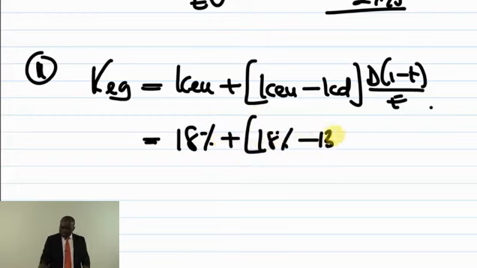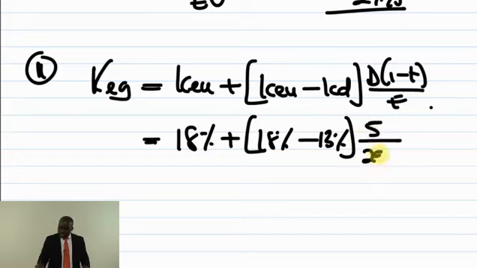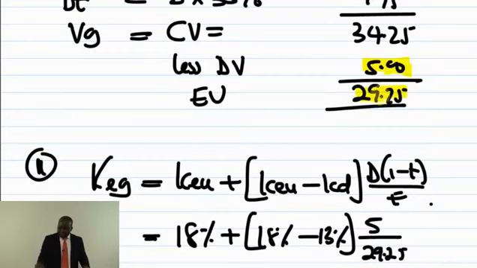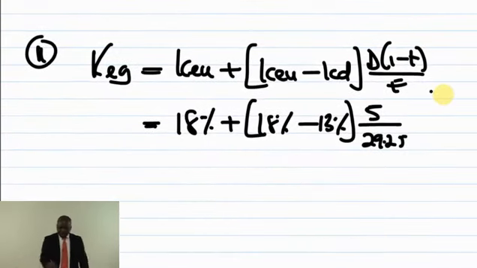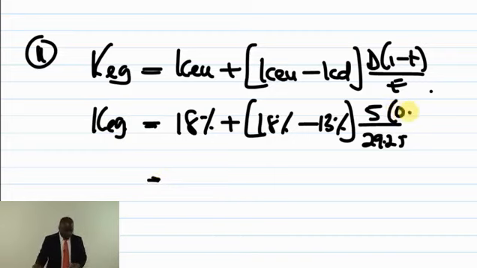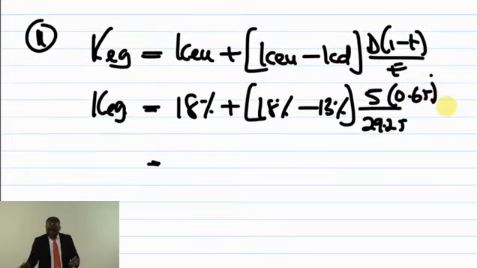Cost of debt is given as 13%. Debt we said is 5 million. Equity we said is 29.25. I'm picking them from here. If I'm able to do this substitution, the rest is mathematics. Solve it mathematically. There's tax, so you need to remember to bring 1 minus T. If tax rate is 35%, this becomes 65%.